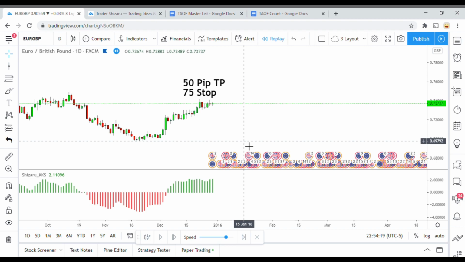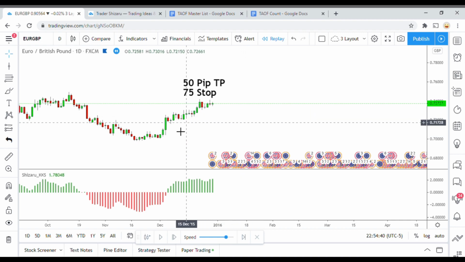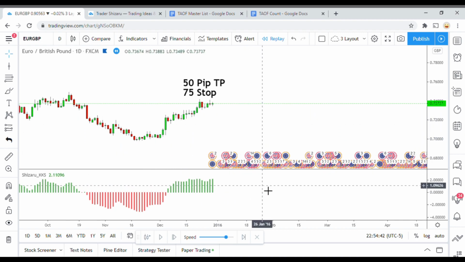All right, so before we get into today's indicator, let's take a quick look at how you can open a Forex demo account. One of the great features of TradingView is the ability to have a paper trading account.